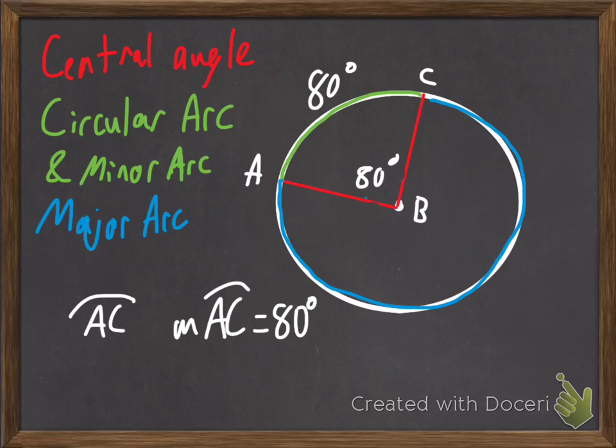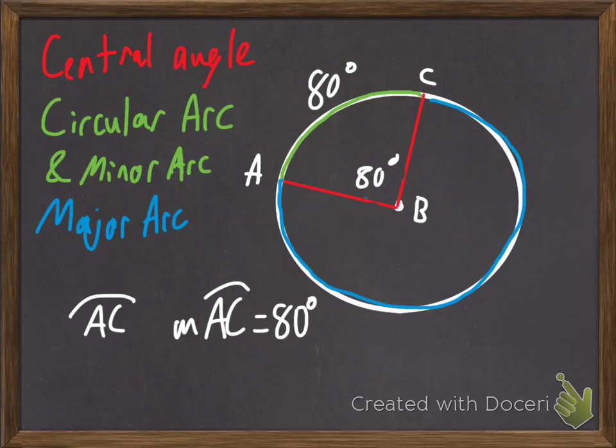And we have a picture here. So the central angle is in red. The circular arc is in green. It's also a minor arc. And the major arc associated with this circle is in blue. Now, the measure of the central angle is 80 degrees, which means the measure of its corresponding arc is also 80 degrees.